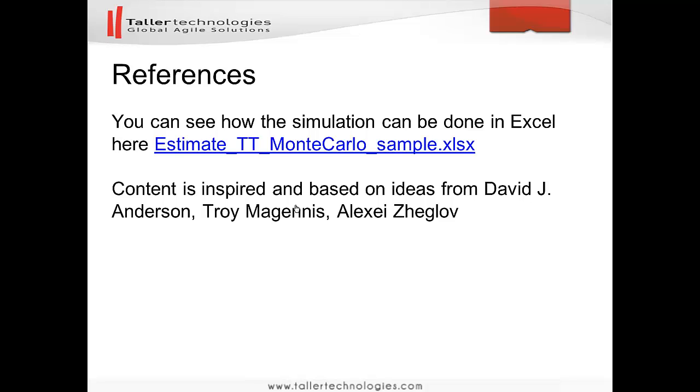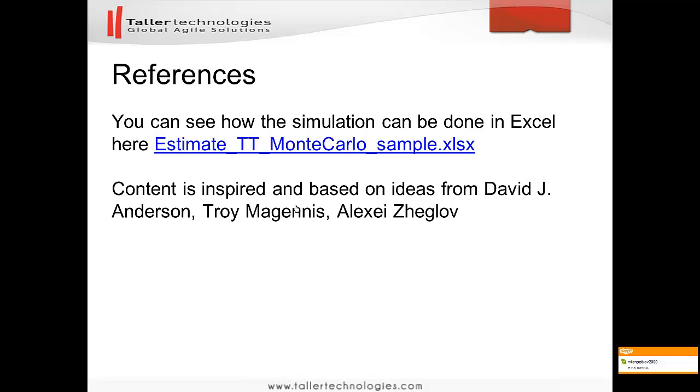To close this video, the approach presented can be used for any kind of development process, including Scrum and Kanban. Any kind of process can be simulated using the approach presented.